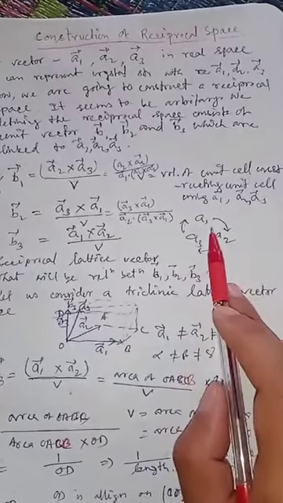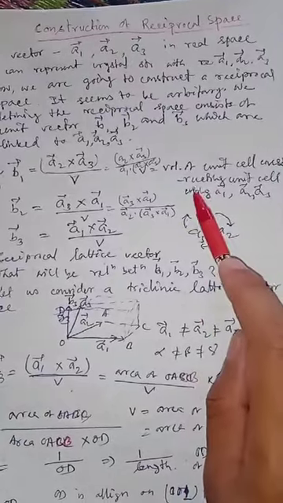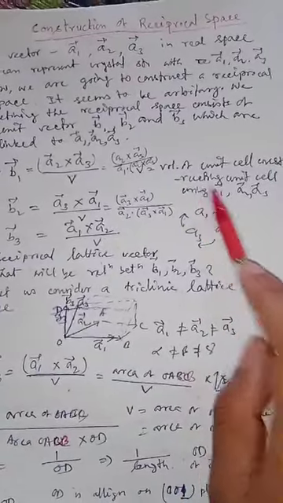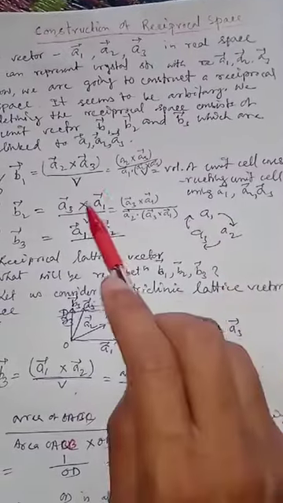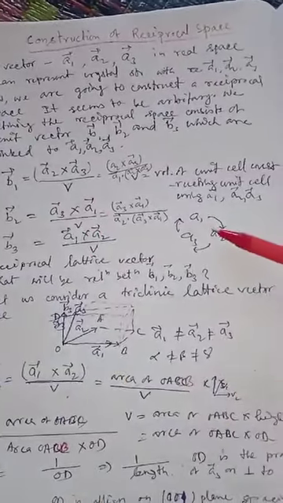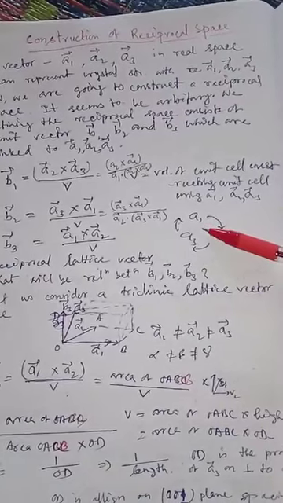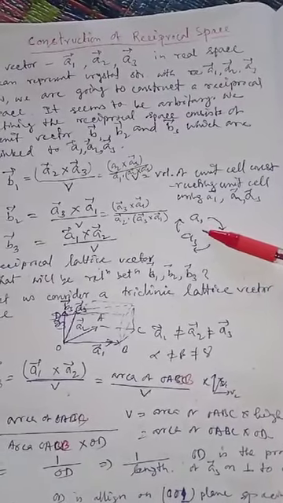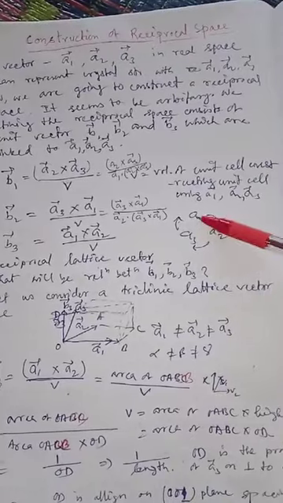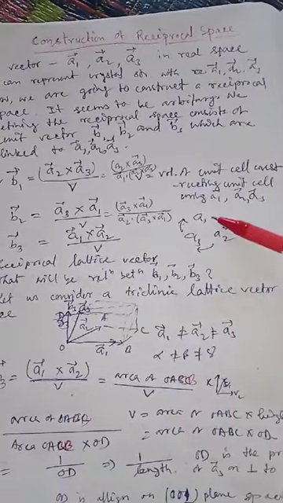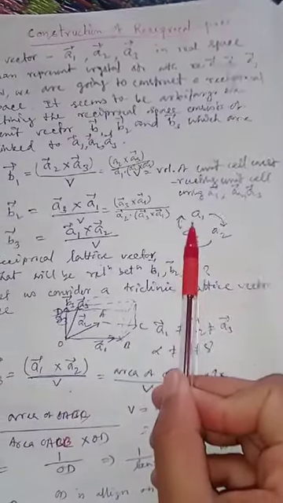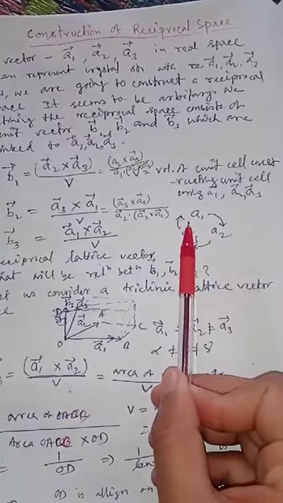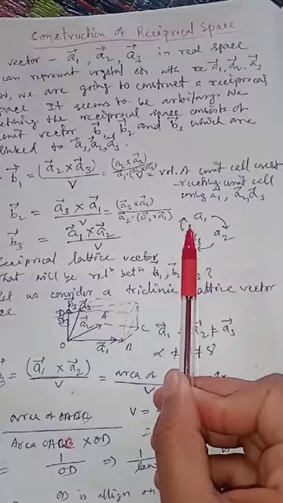When you are talking about B1, you have to close A1, then cross product between the next one and the third one, A2 cross A3. Similarly, when you are talking about your B2, then you have to take cross product of A3, A1. That is the next one, not the previous one. The next one will be the first. And B3 will be A1 cross product A2.